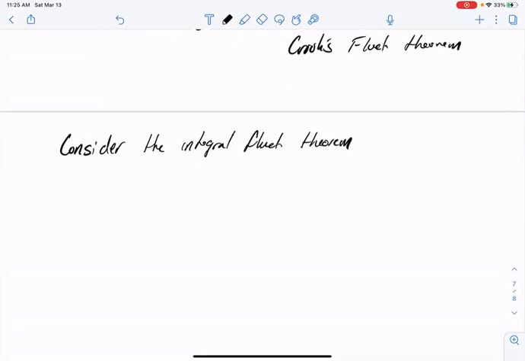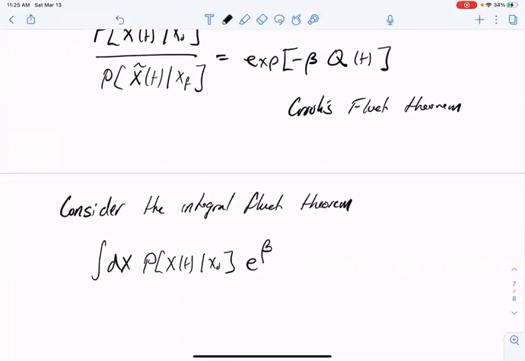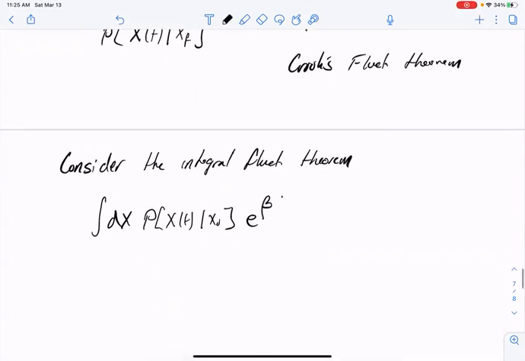If I take an integral over all trajectories, the probability of observing that trajectory, weighted by the exponential of minus the heat, bring it over to the right-hand side.